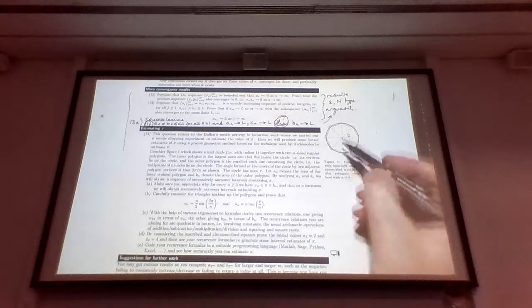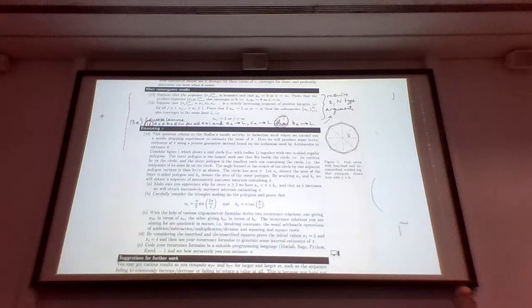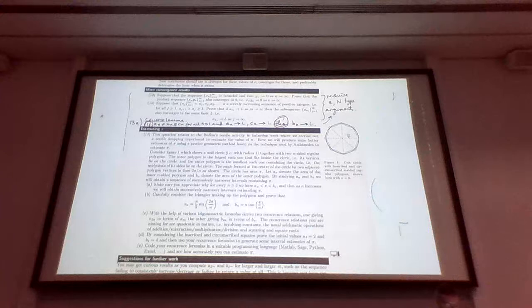As the number n of sides increases, these polygons give a better and better approximation to the circle. Using various trigonometric arguments, we can arrive at nice recurrence relations for the areas of the outer and inner polygons.